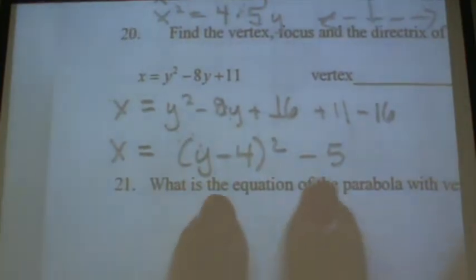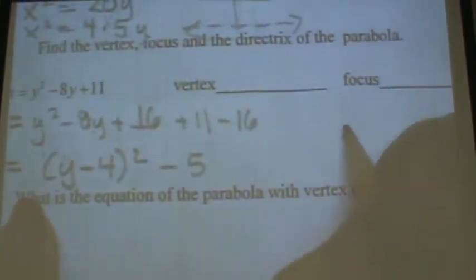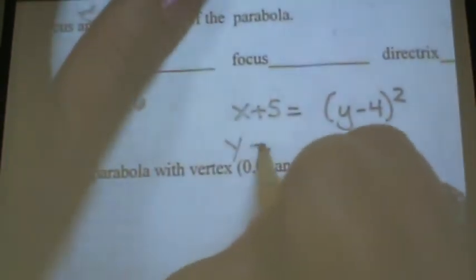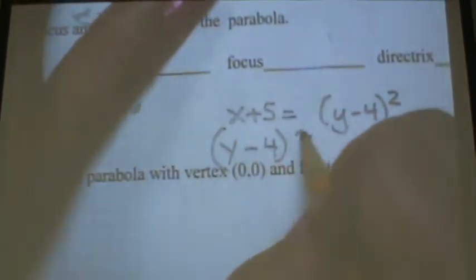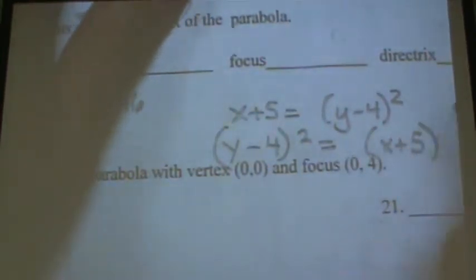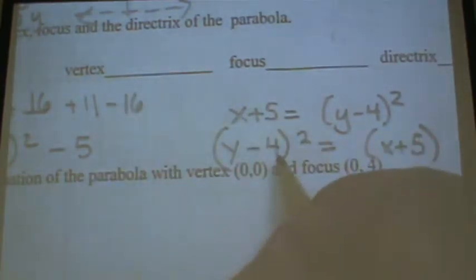Now, remember what I told you. Get this on the other side, so it's going to be x plus 5. And again, it just helps me if I rewrite it this way. Now, my vertex is going to be -5, 4.